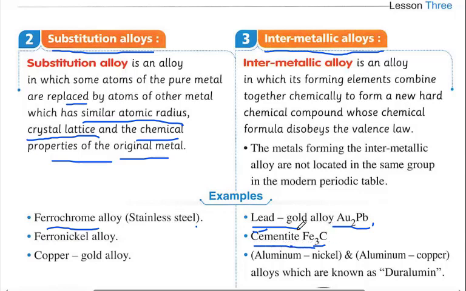It is not just mixing between iron and carbon like steel. We mix iron with a higher ratio with very small carbon atoms inside the interstitial spaces without any reaction. So if there is a reaction forming a compound which is Fe3C, which is cementite, it is an intermetallic alloy.